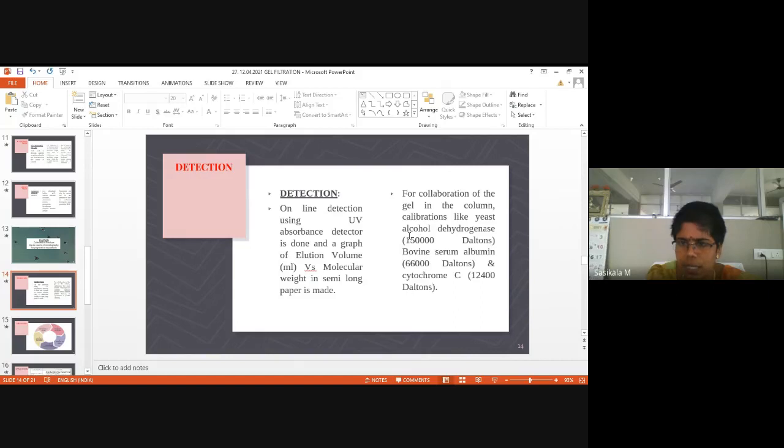These are all different enzymes with different molecular weights, and can be separated and detected using the UV visible detector. Hope this will be useful for you to analyze the enzyme level in the body, right? Enzymes are nothing but proteins with high molecular weight, and can be separated by gel filtration chromatography. That's why you are studying gel filtration chromatography here, right?